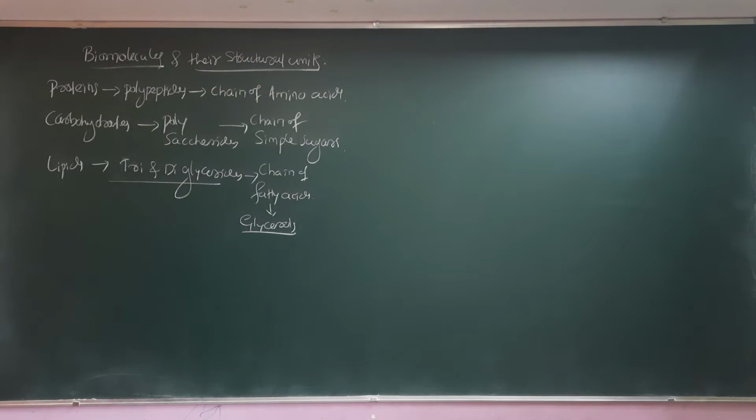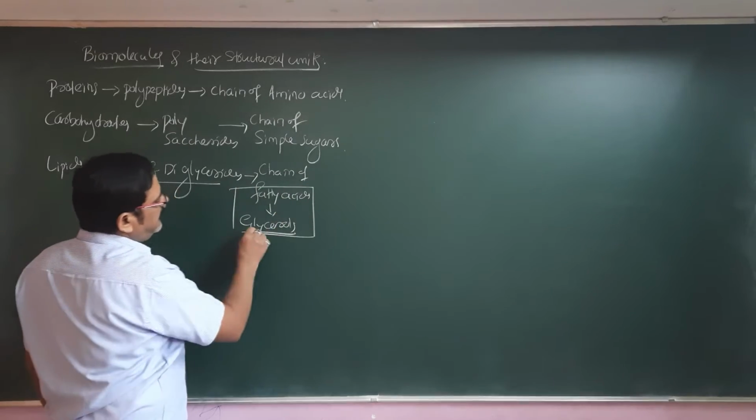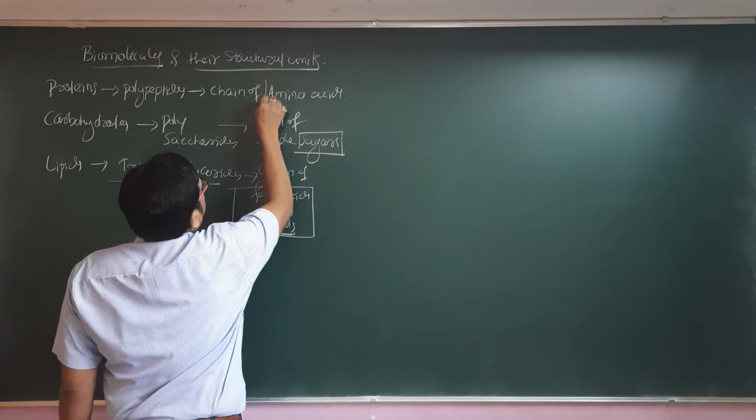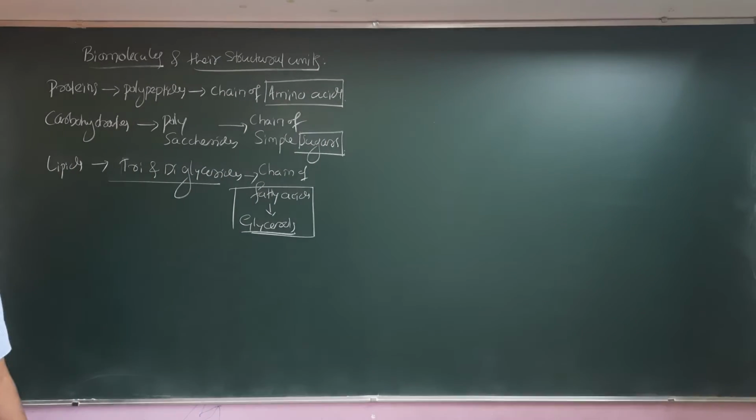Proteins, more than 5,000 of which we can find inside a cell, are all made up of amino acids. Carbohydrates are made up of sugars, and lipids are made up of fatty acids and glycerol molecules. So these are the structural units of different kinds of biomolecules.